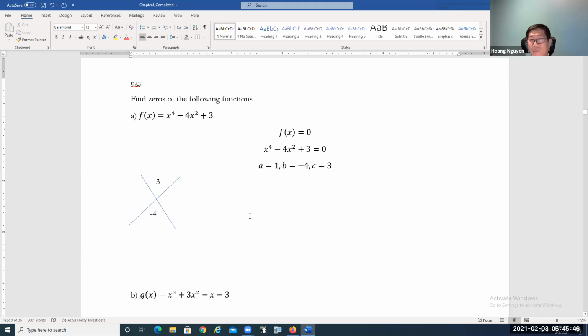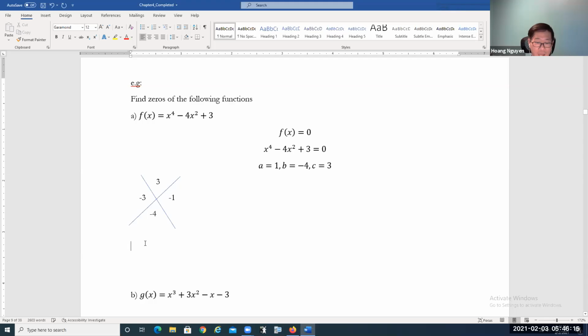Now I'm looking for 2 numbers. When you multiply them, it's equal to 3, and when you add them up, it's equal to -4. What are they? We have -1 and -3. So -1 times -3 is equal to +3, and -1 plus -3 gives you -4.